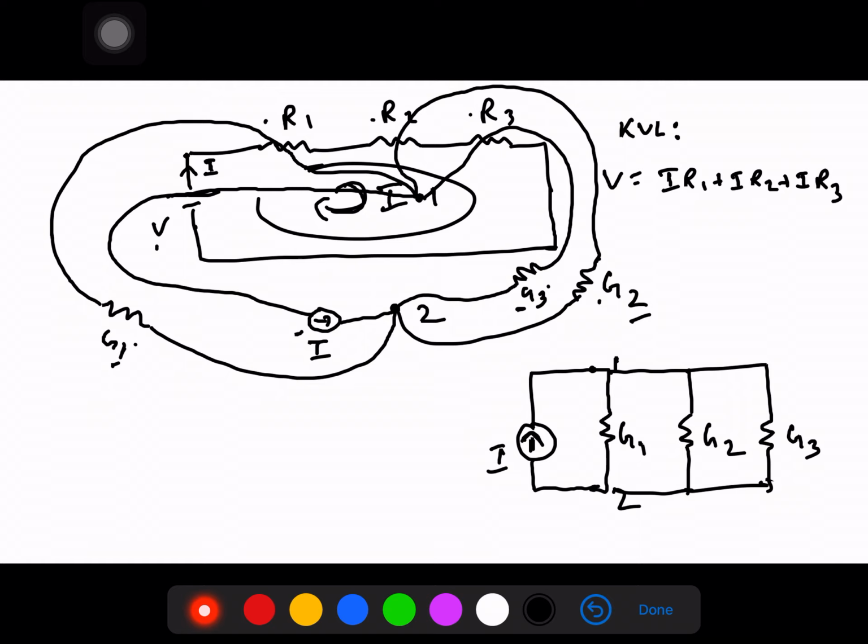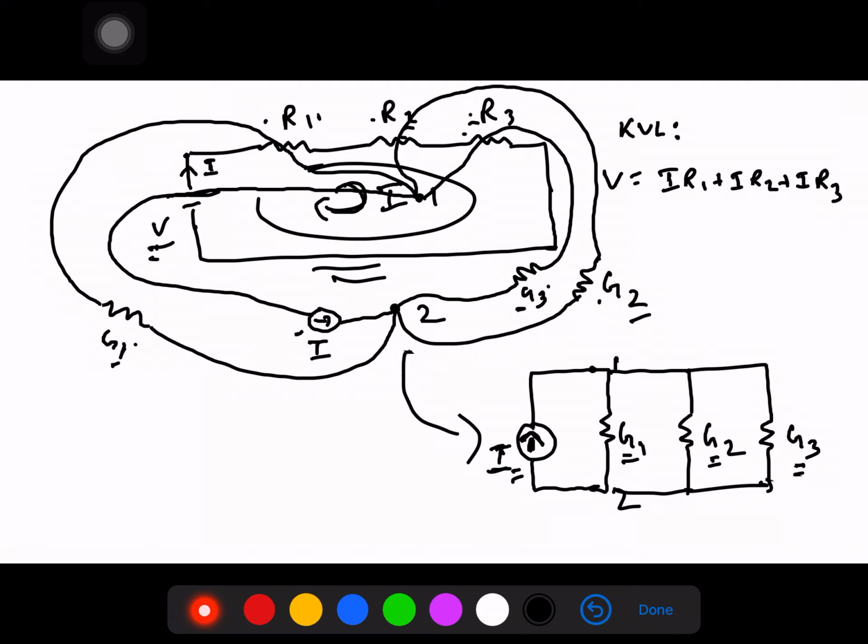So now we have the dual of this circuit over here. The voltage source has been converted into a current source. Direction is important. Resistance has been converted into conductance. This resistance has been converted into conductance G2, and this resistance has been converted into conductance G3.